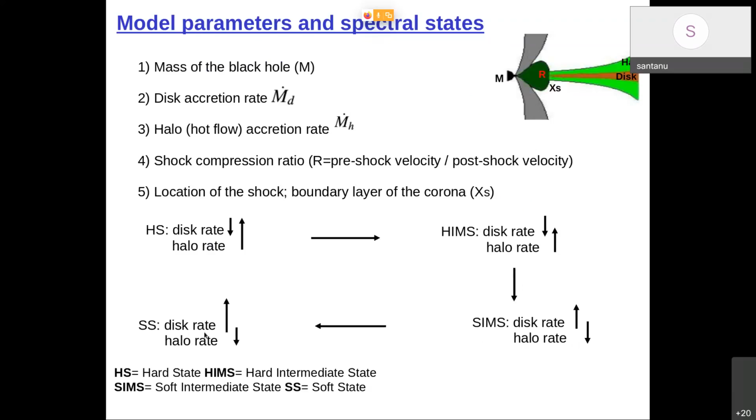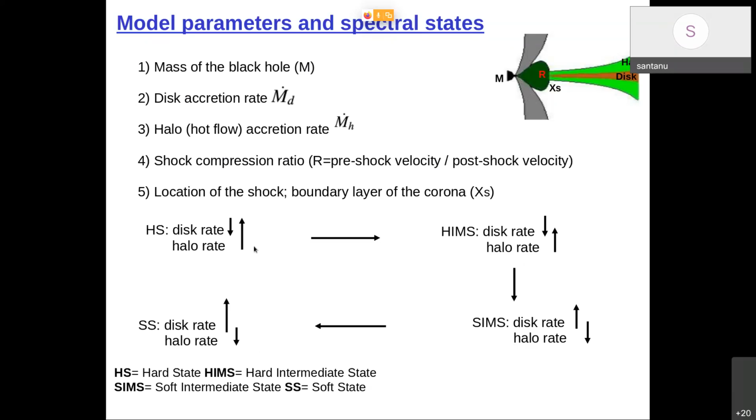In the soft state, the disk rate is much higher than the halo rate. That means the corona has almost disappeared, only the Keplerian disk is present there. So this is the scenario when we vary only the disk accretion rate, keeping other parameters fixed.